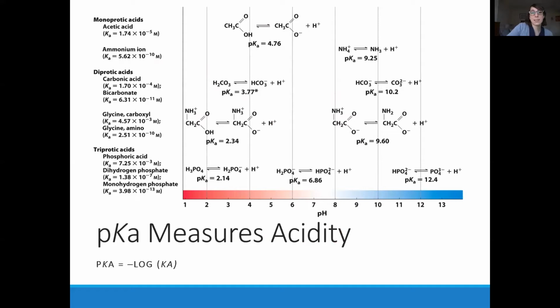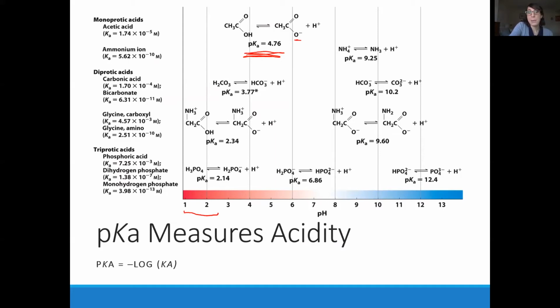And that means, again, a reminder that it will dissociate. It will get rid of that H+, meaning it will be left with a negative charge at very low pHs. So here's our carboxylic acid. You can see it will form the COO minus, the negative form, at a low pKa.